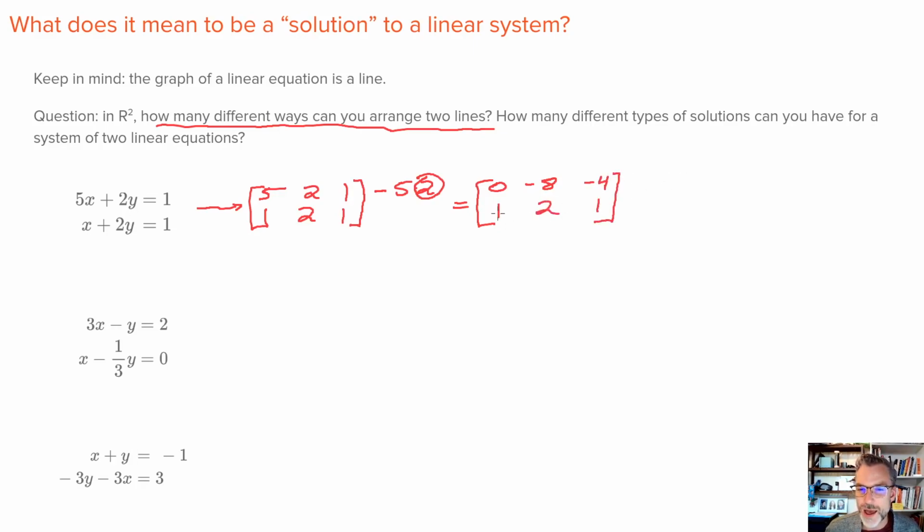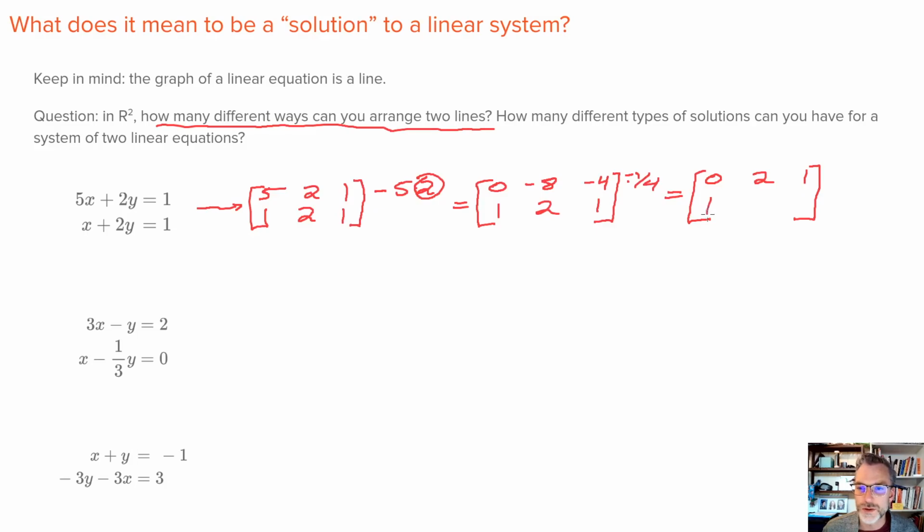Now I'll divide the first one by 4. I'll take this and multiply it by negative 1/4. So then I would have 2 here and 1 over here.